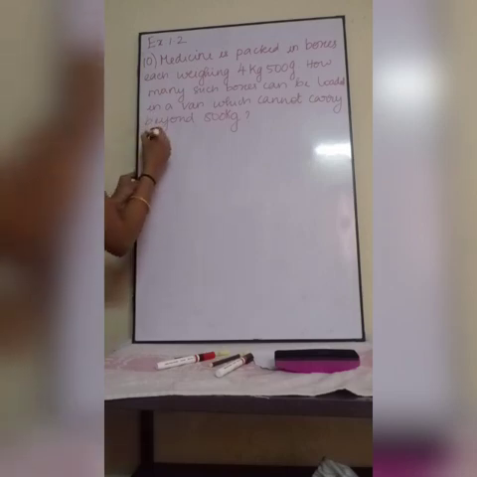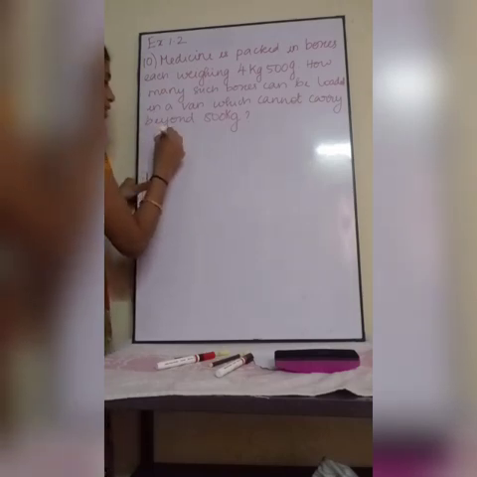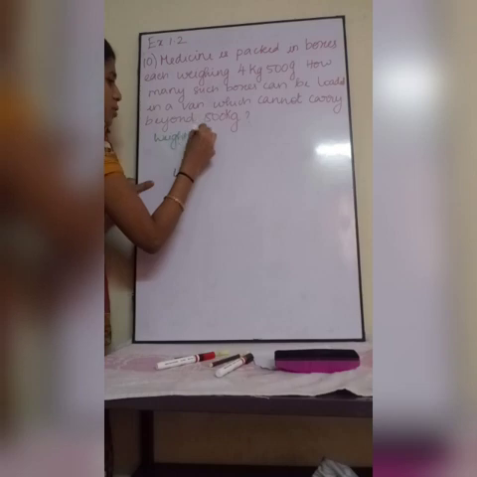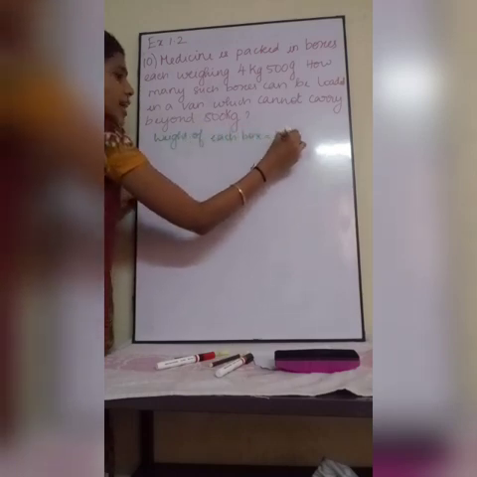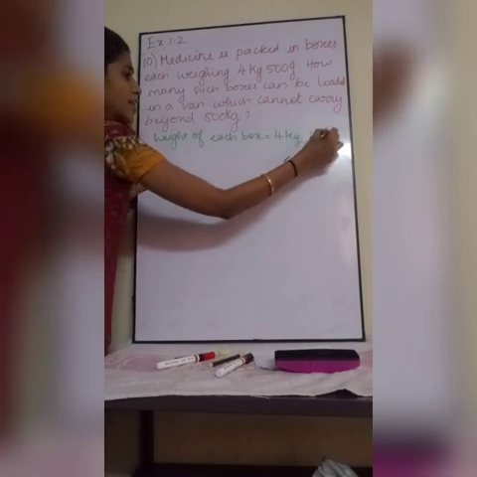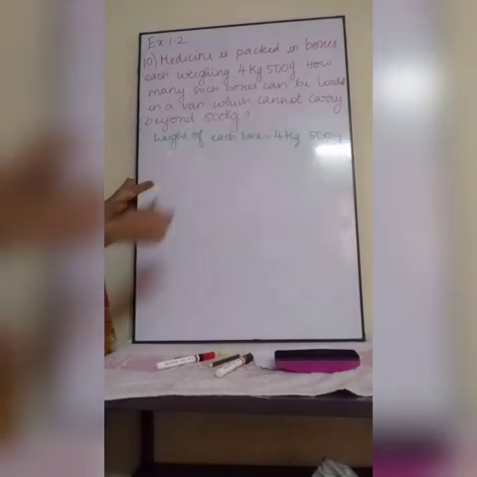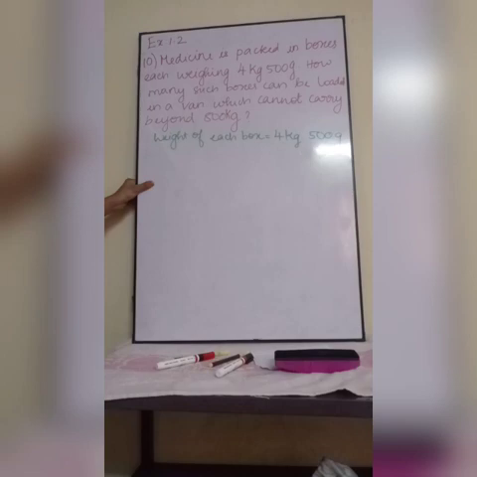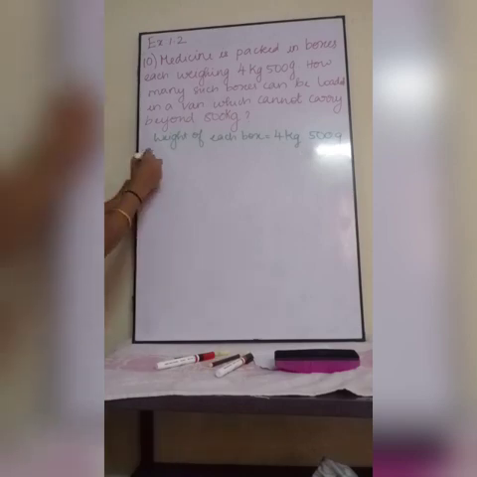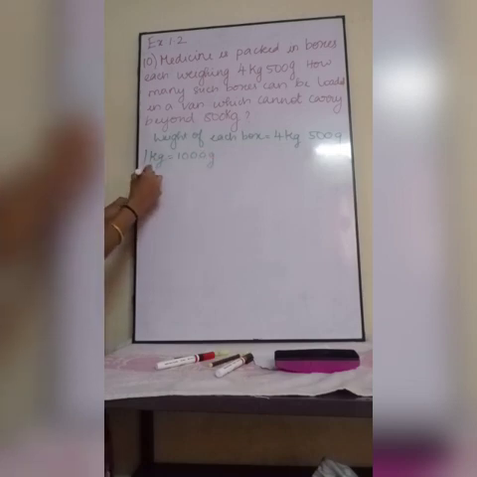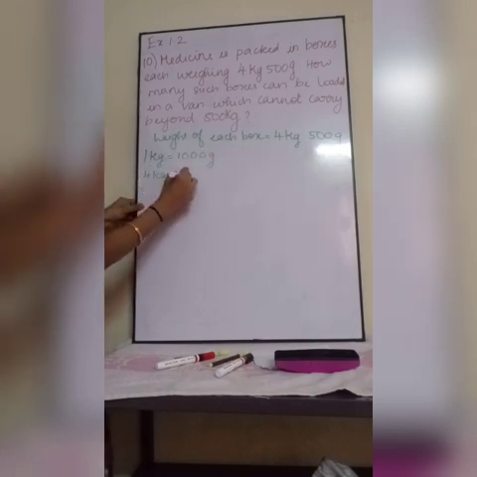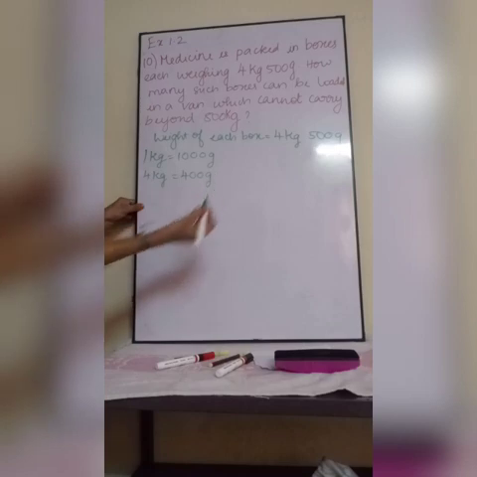Okay. So now what is the weight of each box? Weight of each box is 4 kg 500 gram. Right. So can I convert that either to gram or kilogram? Gram, because 1 kg is equal to 1000 gram. So 4 kg will be 4000 gram.